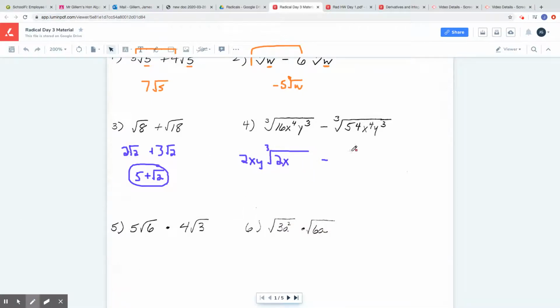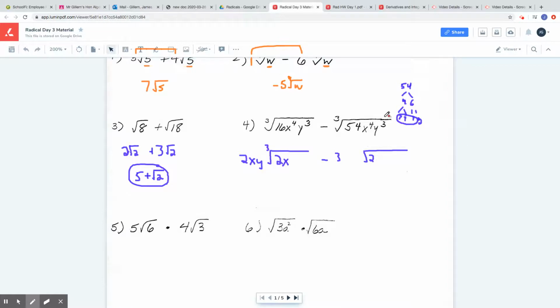Now we'll do the same thing for the other one. 54. I know this is 27 times 2. The cube root of 27 is 3, and there's a 2 left over. Remember, the worst case scenario, if you don't know it, 54 is 9 and 6, which is 3, 3, 3, and 2. So there's where my 3 3's are. That's why the 3 is on the outside with a 2 left.